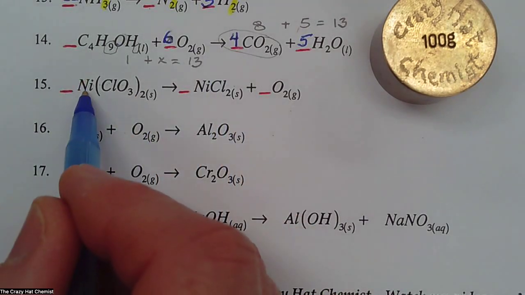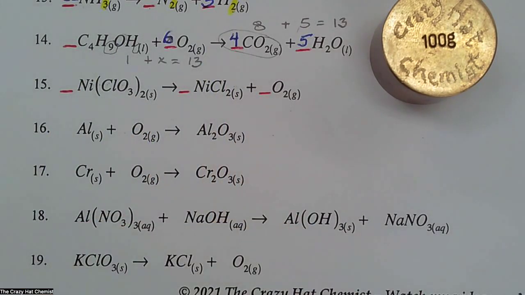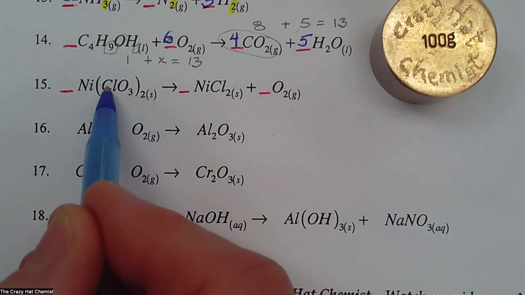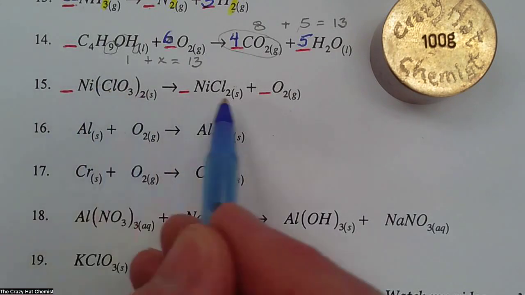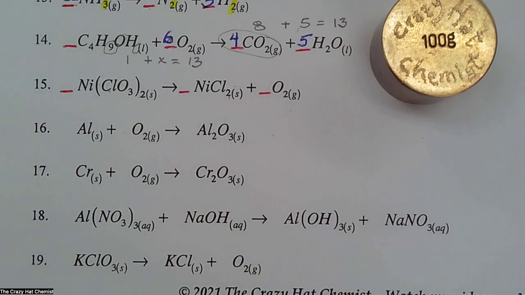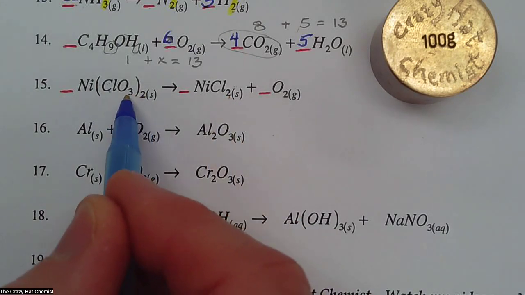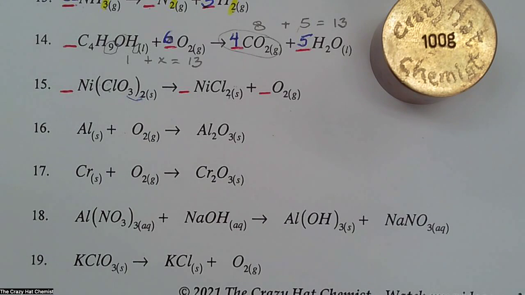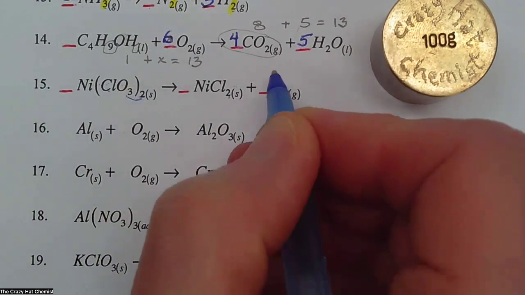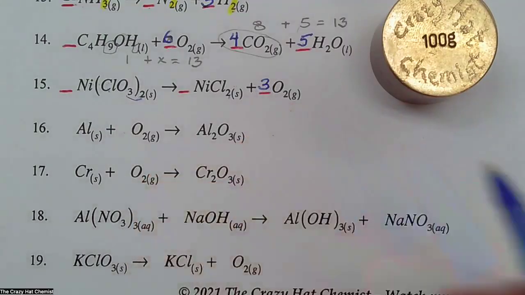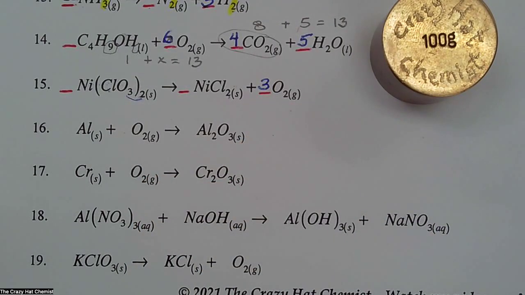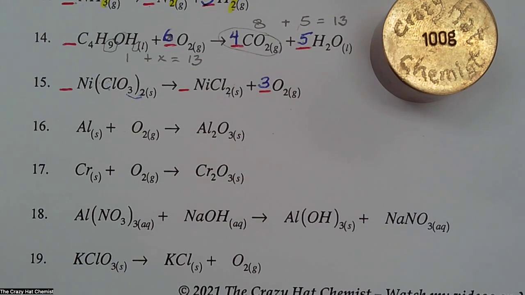Okay, and so there's 1 nickel on the reactant side, 1 on the product side. There are 2 chlorines on the reactant side. There's 2 chlorines on the product side. There are 2 times 3, that's 6 oxygens on the reactant side, and there's 2, so I need there to be 3 oxygens on the product side. And now that one is balanced. That one was pretty simple.